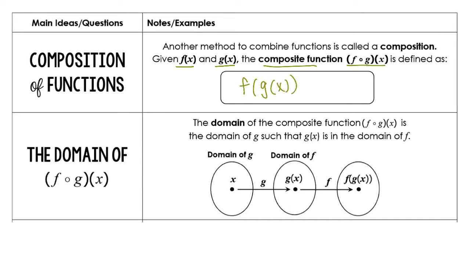So what you're doing is substituting one function inside of the other function. And whenever you talk about the domain of a composite function, then it's the domain of g such that g at x is the domain of f. So it's kind of confusing to start with, but it's a lot easier to look at this final expression to come up with that domain.